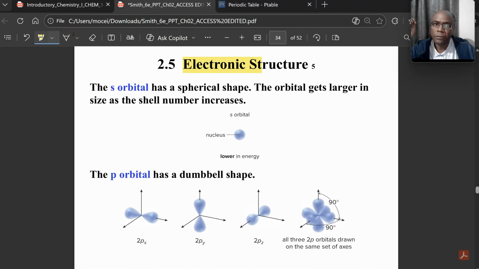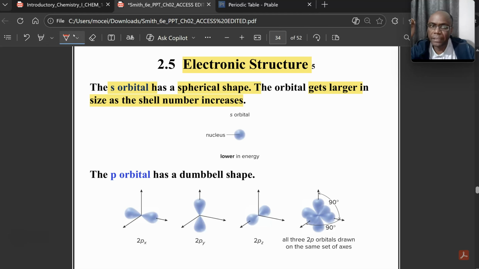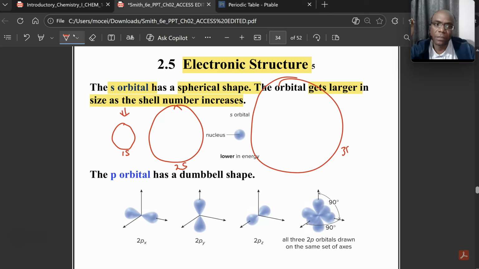So moving on with the electronic structure part 5, the s orbital has a shape, and usually it's spherical. The orbital gets larger in size as the shell number increases. What we are saying here is that, yes, we know that the s orbital is spherical, but if this is 1s, in the second shell, 2s will be bigger, and then in the third shell, it will be even bigger as you go.